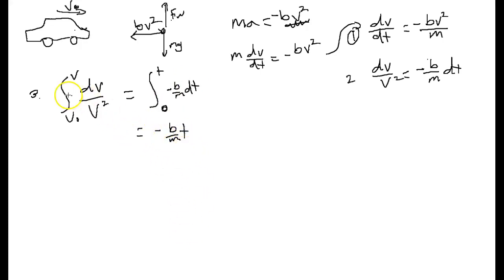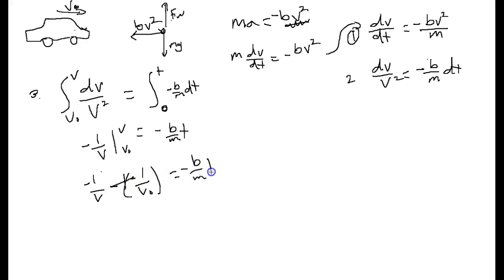In this case, the integral of 1 over v squared is going to be negative 1 over v, and we're going to evaluate this from v naught to v. And so we evaluate negative 1 over v minus negative 1 over v naught. This will become a plus right here, equal to negative b over m times t.